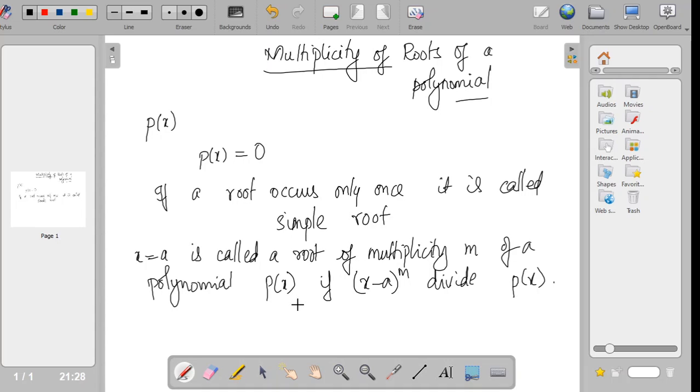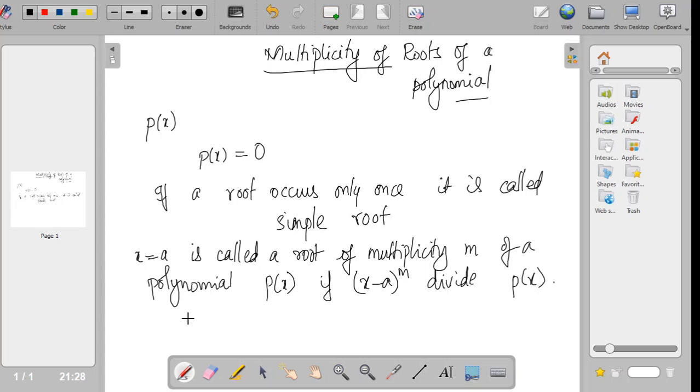So x minus a whole raised to m must divide p of x, otherwise p of x must contain x minus a whole raised to m as a factor.